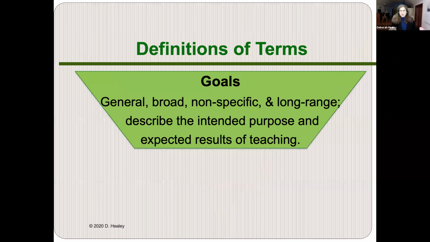So let me briefly touch on the definition of terms because sometimes they're used in different ways. So for this presentation, goals will be general, broad, long range, the expected results of teaching in a broad way. So often they'll be course goals rather than individual lesson or activity goals. So they'll be bigger.